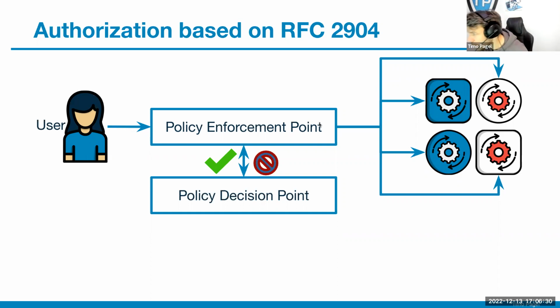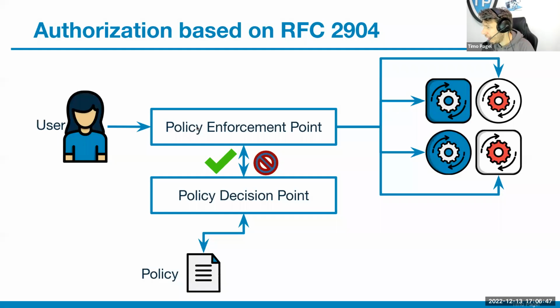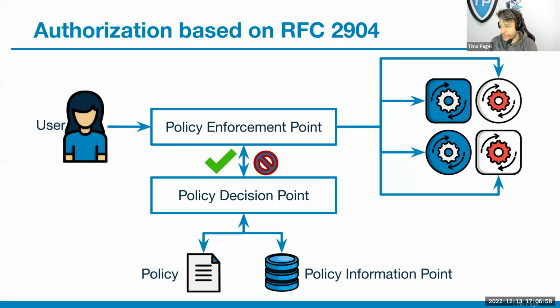The policy enforcement point delegates the question, can I let this request pass through, for example, and then the policy decision point will answer yes or no. To perform this decision, the policy decision point needs a policy and a policy information point.